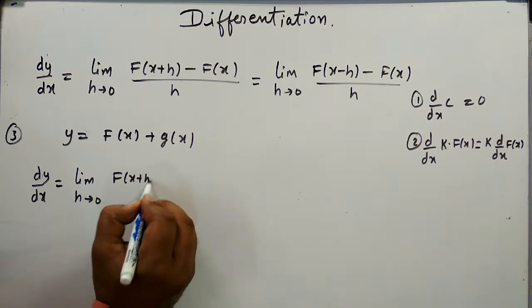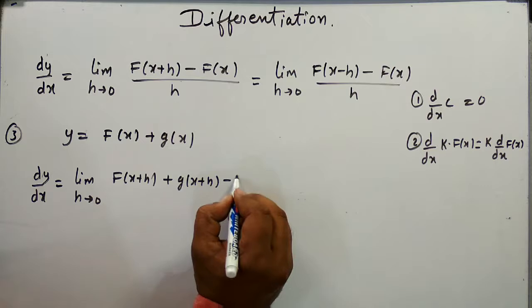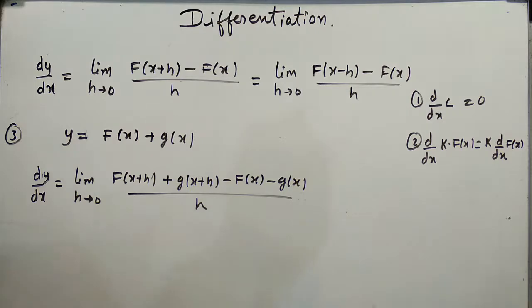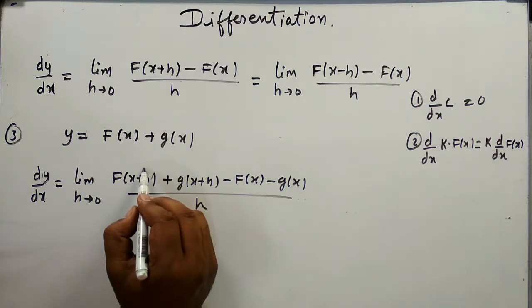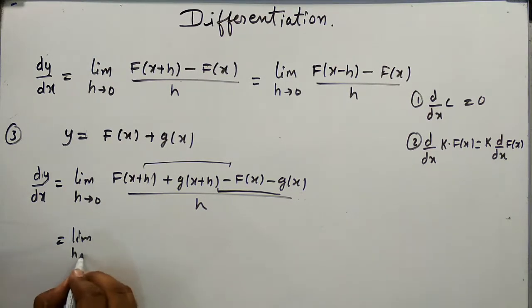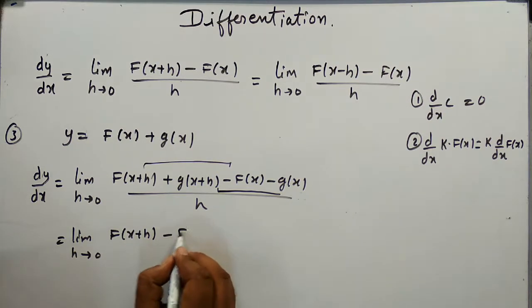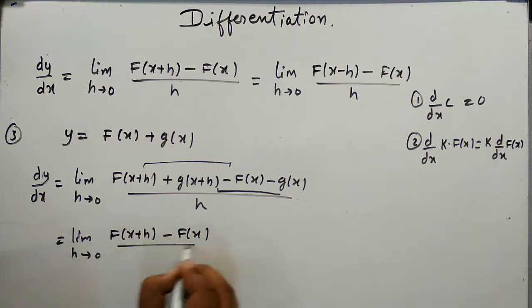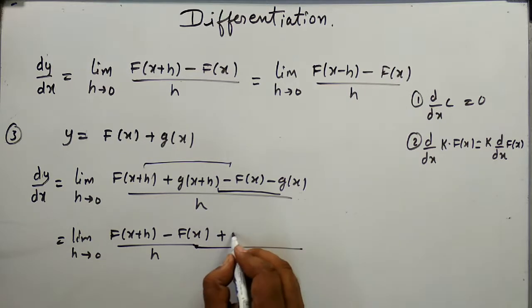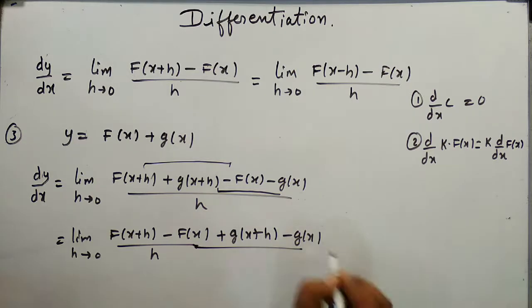limit h tending to 0 of f of x plus h plus g of x plus h minus f of x minus g of x upon h. Okay, now if we take these two terms together and these two terms together, we will get limit h tending to 0 of f of x plus h minus f of x upon h plus g of x plus h minus g of x.